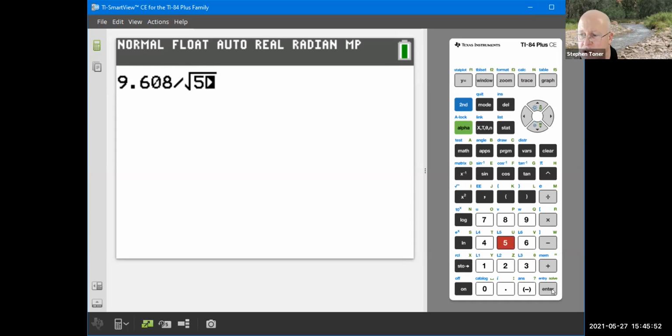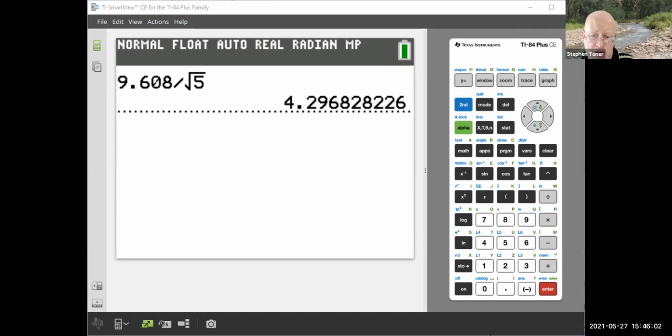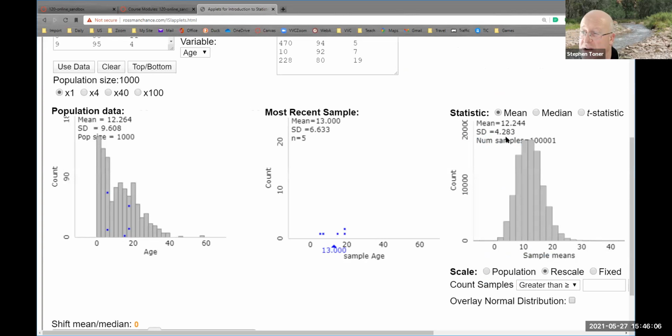And when I hit enter, look at what we get there, 4.297-ish. If I go back over to our screen here, 4.297, then here we have 4.283. It's pretty close.